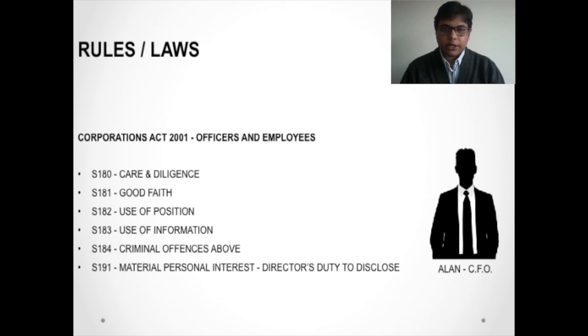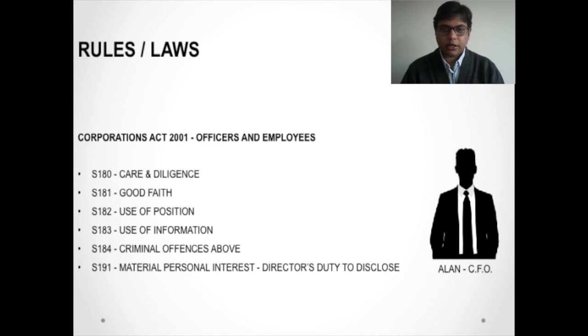As per the Corporations Act 2001, a director or an employee must obey the following rules. Section 180, care and diligence in the company's duties. Section 181, perform all duties with utmost good faith. Section 182, must not make wrong use of their position in the company.